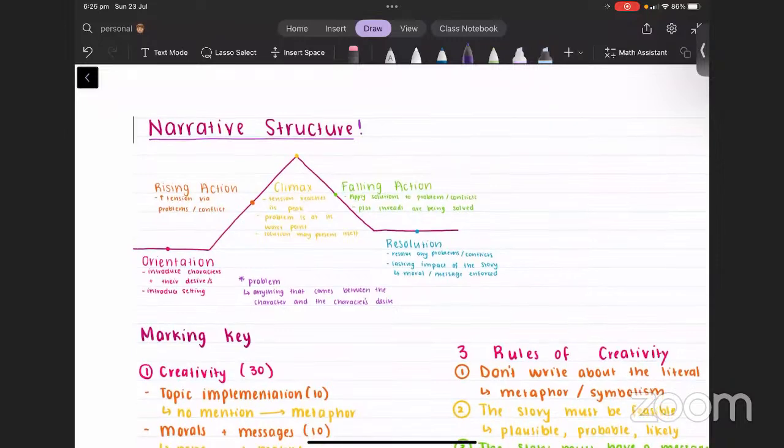Next is going to be the climax. That's where the tension reaches its peak, right? That's where it's most exciting. The reader is probably wondering whether what's going to happen works out in the main character's favor, or are they going to be defeated?